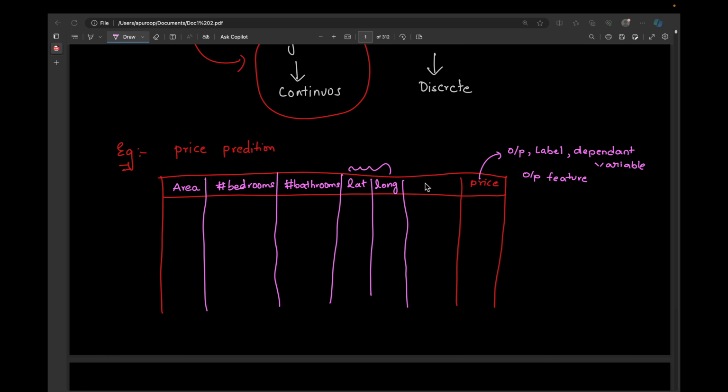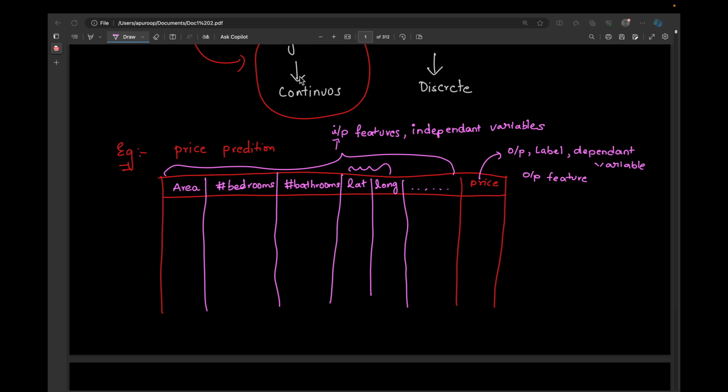So location is a good feature, and we can denote it with these two. Like that, we can have several features. All the inputs that we take are called input features, or we can also call them independent variables. These are all the names for inputs.